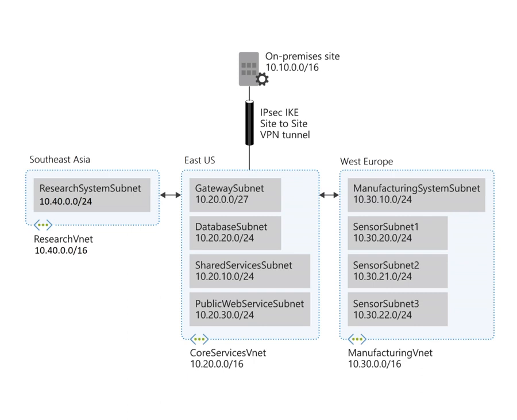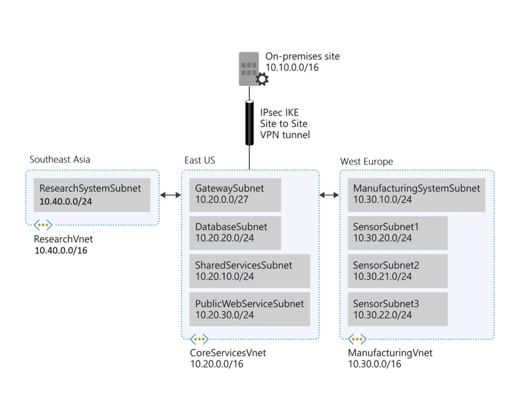So the scenario given here is that you have to create three virtual networks: a core services virtual network, manufacturing VNet, and the research virtual network. And in the virtual network you might have to create a few subnets inside it.